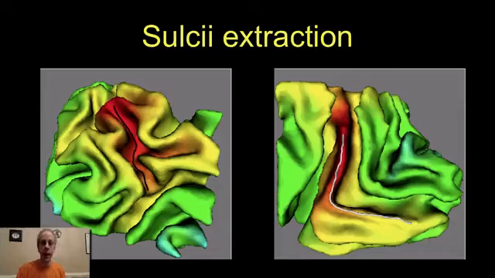These are surfaces that represent the gray matter in the brain of a subject that went into an MRI scanner. And here we see what are called the sulci. So basically, our brain, our gray matter is folded, and these are the bottom of the folds. And for many reasons in neuroscience, these curves are extremely important.